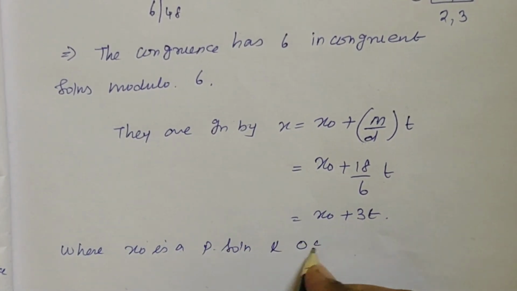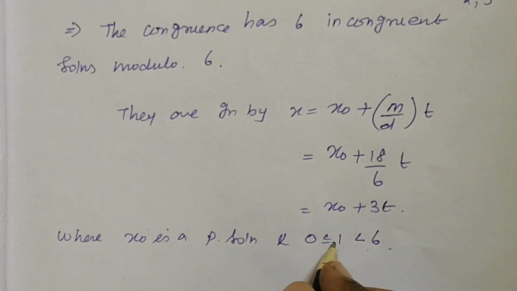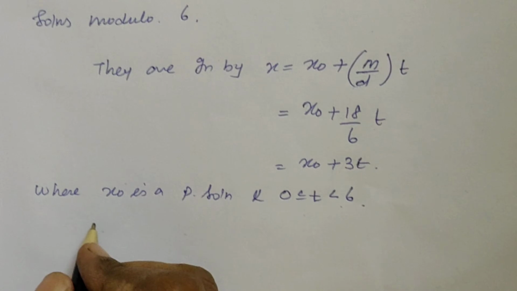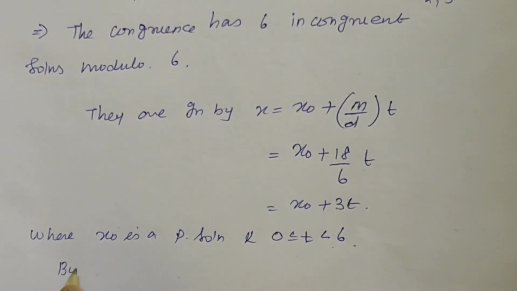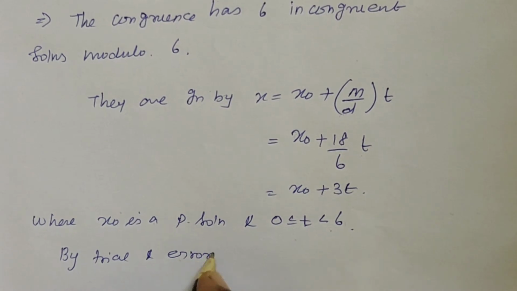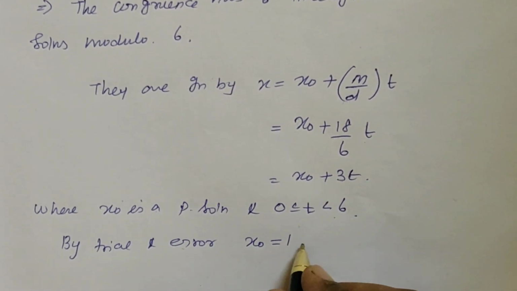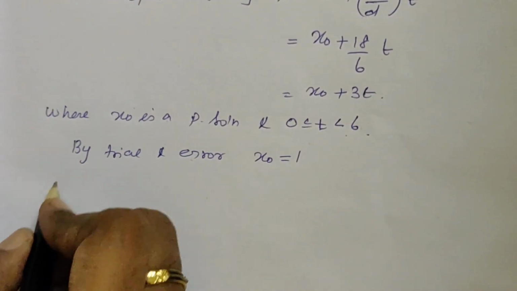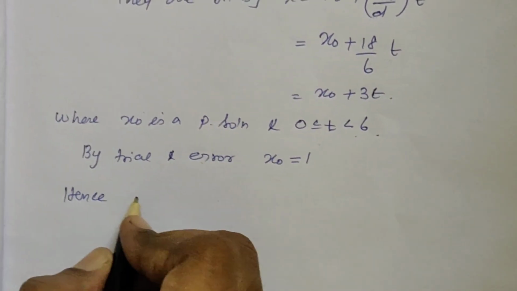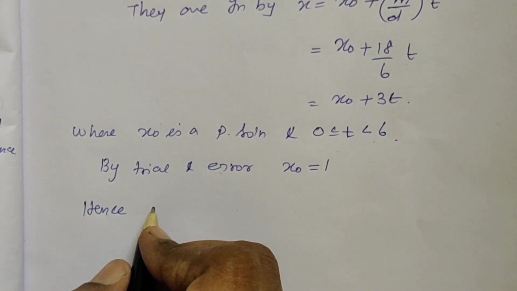And 0 ≤ t < 6. The t value lies between 0 to 6. By trial and error, we select x0 as 1. So hence we know that the gcd of 12 comma 18 is equal to 6.